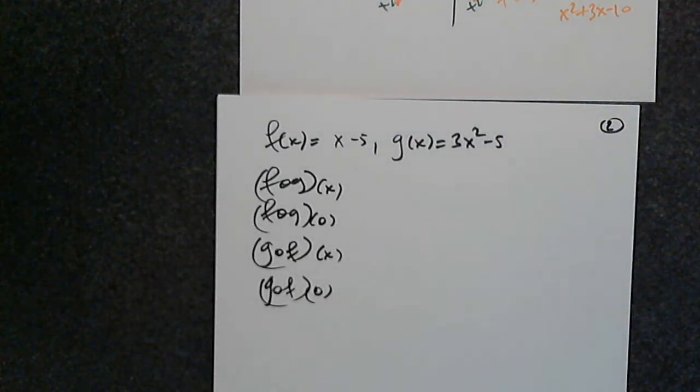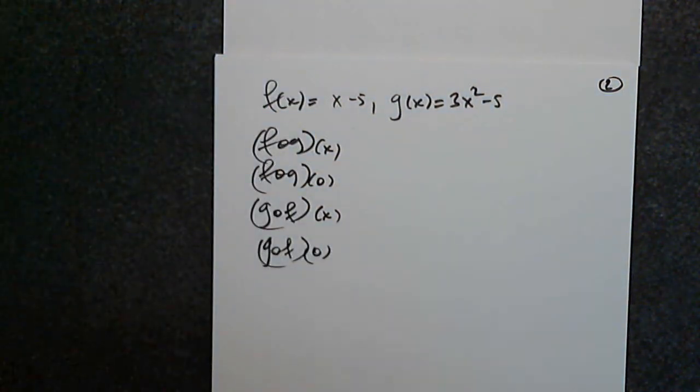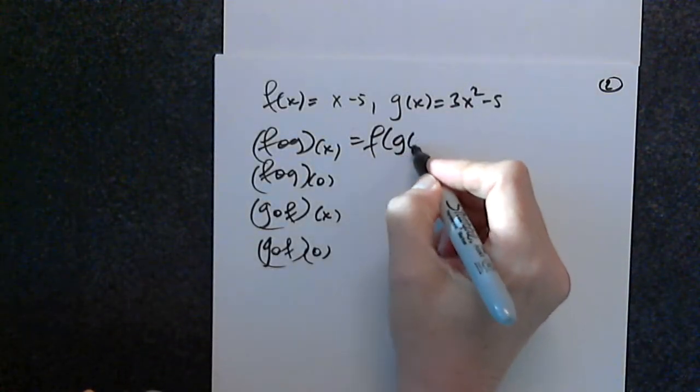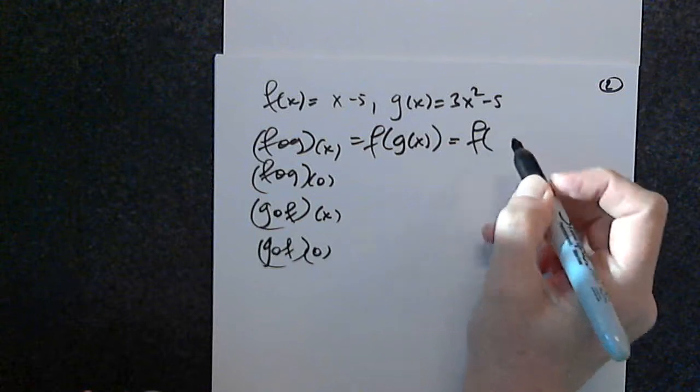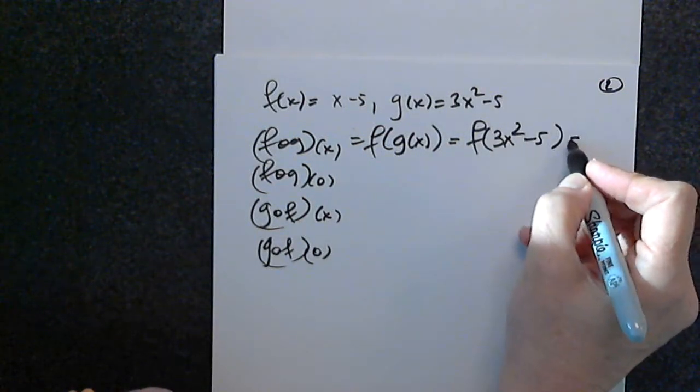I cannot stress enough, please redo all problems we did in class. Do you think I can remove this? Yeah, I can. Okay. So in order to find f comp g, I will immediately write f of g of x. I will replace g of x by 3x squared minus 5.